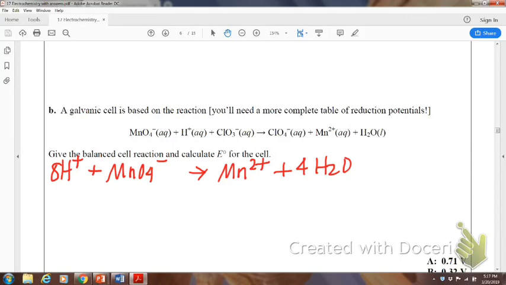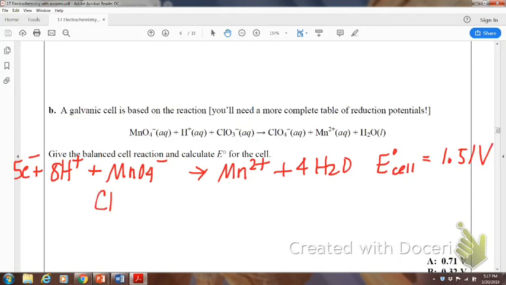And then to be able to balance that, we have plus 5 electrons for that one. And then I will give you that that one is being reduced, so that E value is, I don't think it's on the table, I'm not sure, it's 1.51 volts.